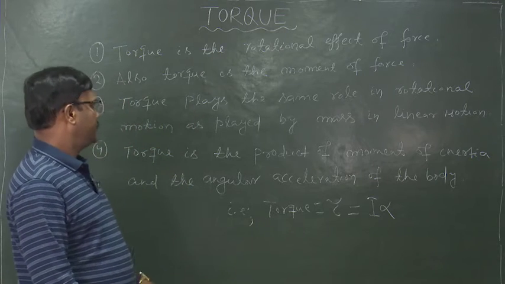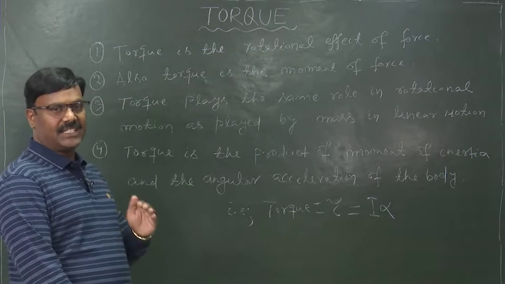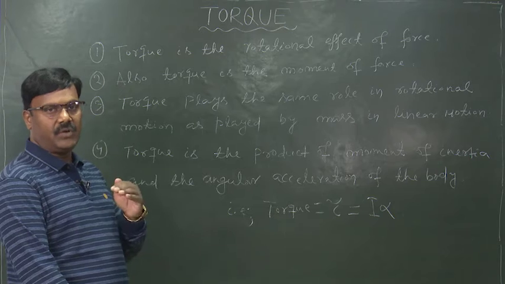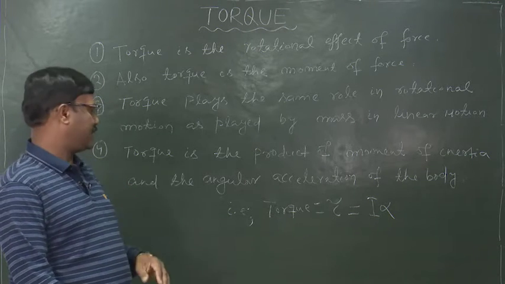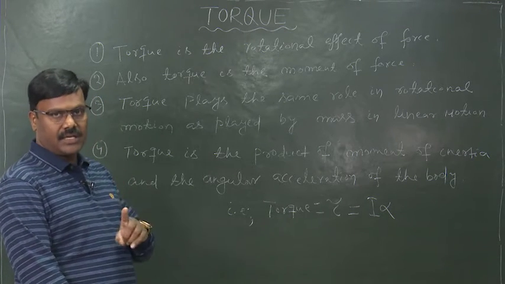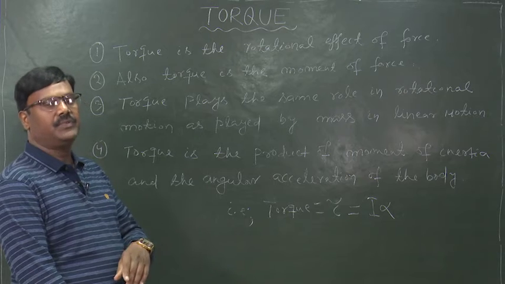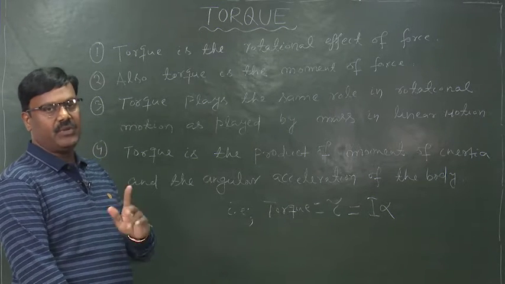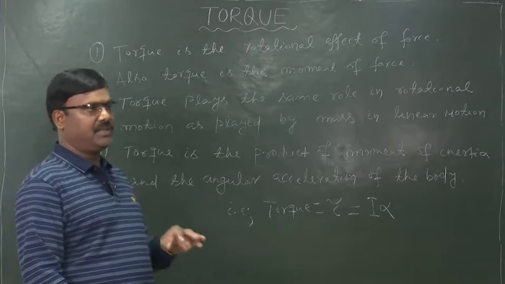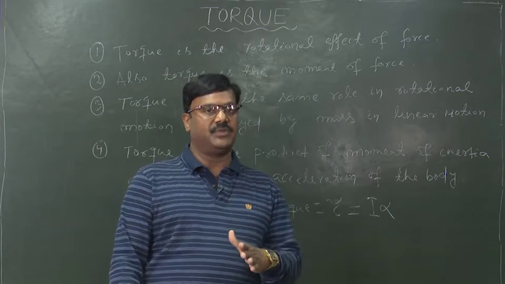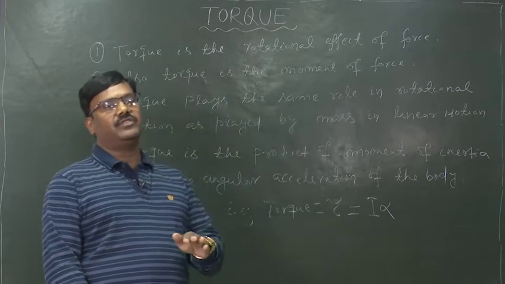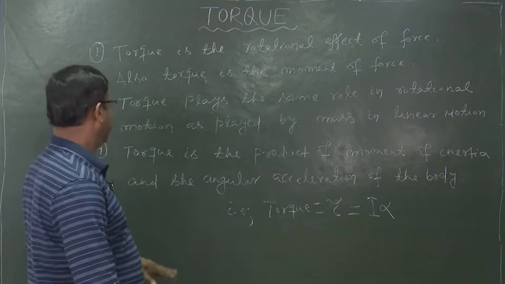Also, we have known that tau vector is equal to r vector cross F vector. That is, torque is the cross product of the perpendicular distance of the particle from the axis of rotation and the force acting on the particle.